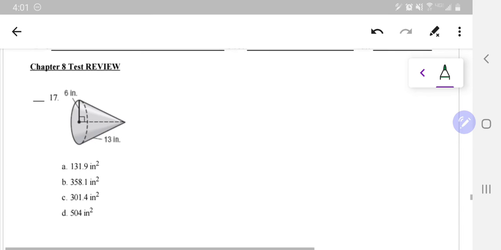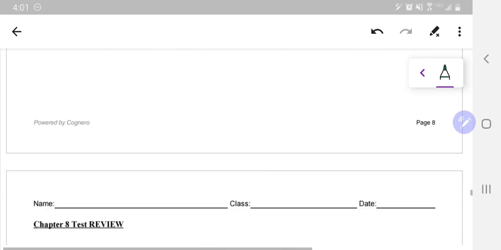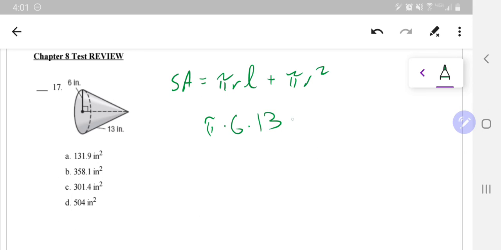Oh, we are almost there. Surface area of this cone, we're still following the directions to that one. So surface area for a cone is going to be pi r l, which is the lateral surface area, plus the base, which is pi r squared. We have pi times 6 times 13 plus pi times 6 squared.